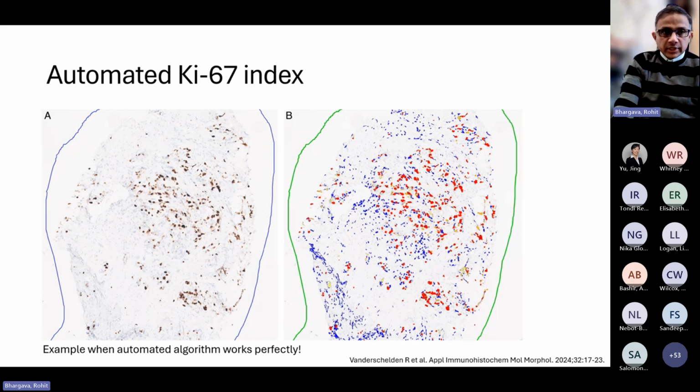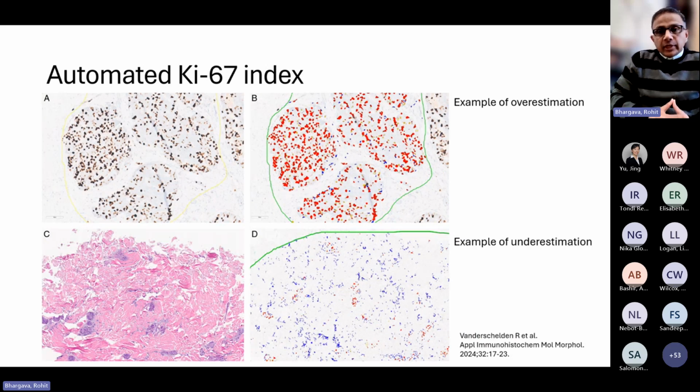But using this automated algorithm, we did realize that sometimes the algorithm overestimated and underestimated. In this example on the top, it's not counting the cells which are negative. And in this bottom picture, you see infiltrating tumor cell clusters in the dermis, but the algorithm is counting the fibroblasts in the dermis as negative cells.